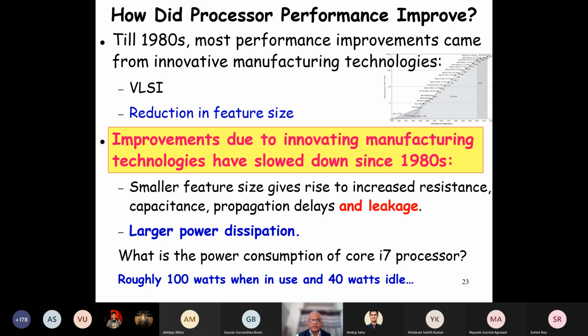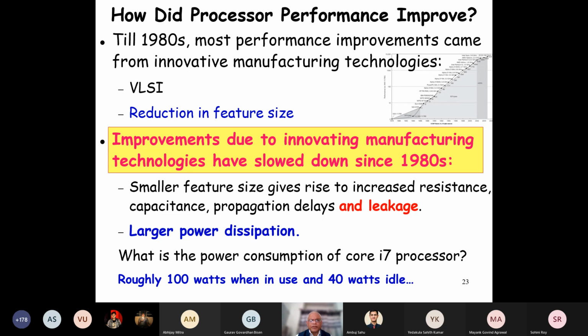Even though we have more transistors, we have more heat loss. And also the biggest story is the leakage current. All these things, resistance, capacitance, leakage, are contributing to larger power dissipation. We'll see in the next slide how they are increasing the power dissipation.